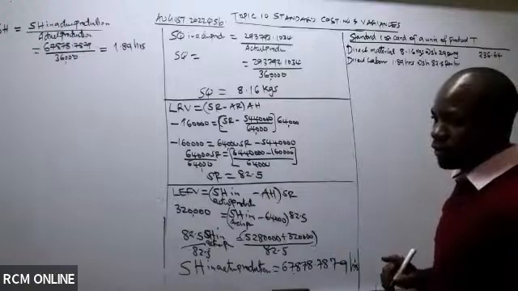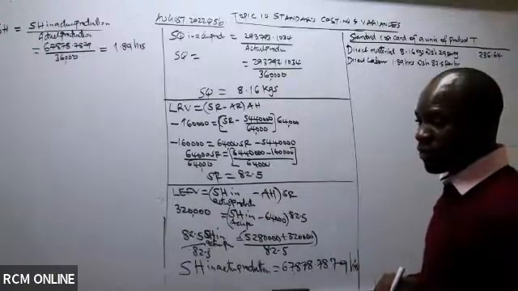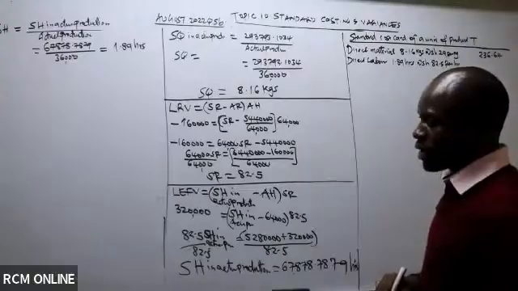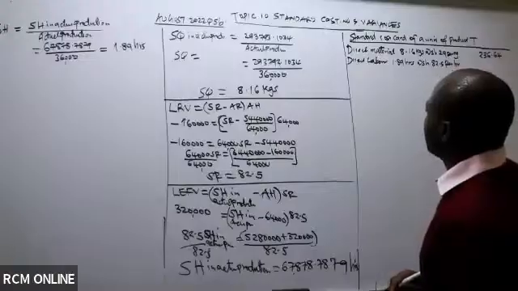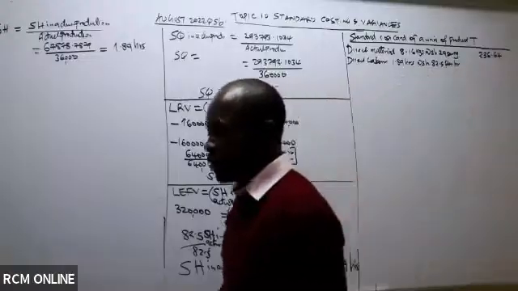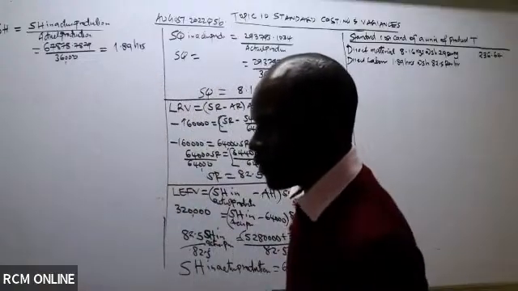How much will you have? 1.89 times 82.5. Let's get your answer first. 155.93.